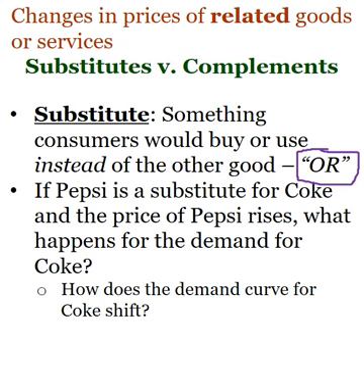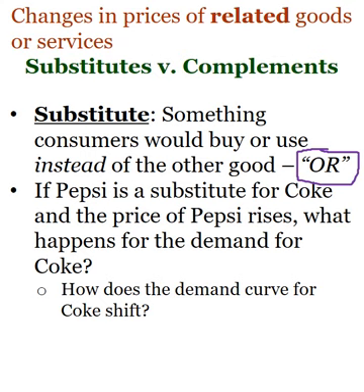So we're going to assume that Pepsi is a substitute for Coke. Now, you might personally feel like these aren't equal substitutes. I know I prefer Coke, but we have to think economically. And one of the assumptions that we've learned we have to make is all other things equal. So we're going to assume that Pepsi is equally as good as Coke and vice versa, and the only factor here is price.